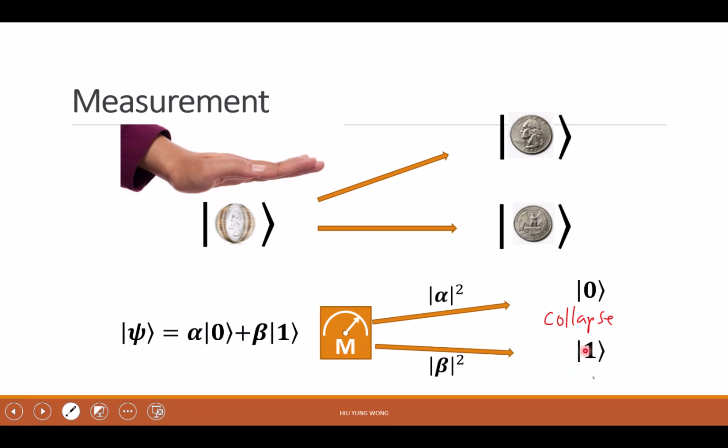The probability it becomes 1 is proportional to the magnitude squared of the coefficient in front of 1, which makes sense. If alpha was 0, then the state is just 1, because this is 1 times 1. Of course, I can never get 0.